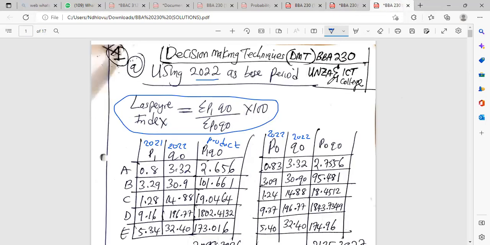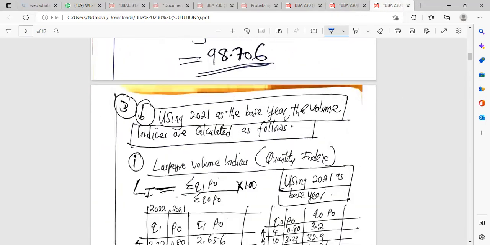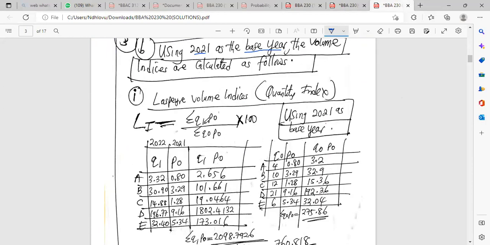Part B of the question is now requiring us to find the quantity index using 2021 as base year. The volume indices are calculated as follows. So the formula for the Laspeyres volume index is the summation of Q1 P0 over the summation of Q0 P0 multiplied by 100, using 2021 as base year. So this one quantity is for 2022, which is the current.